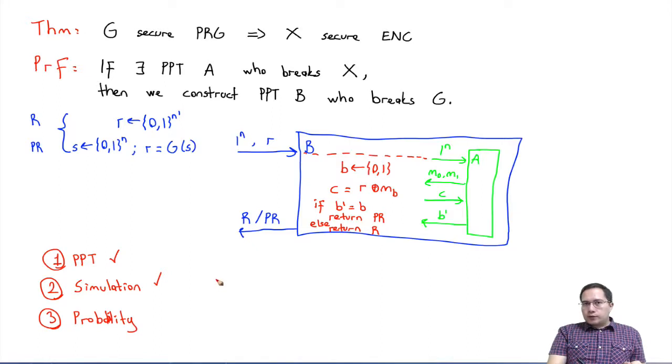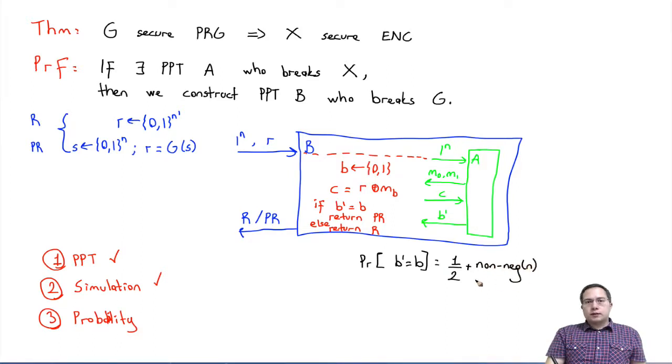We need to argue that if A manages to guess this bit with non-negligible advantage, meaning B prime is indeed equal to B with probability 1/2 plus some non-negligible function, then we need to argue that our distinguishing probabilities, okay?